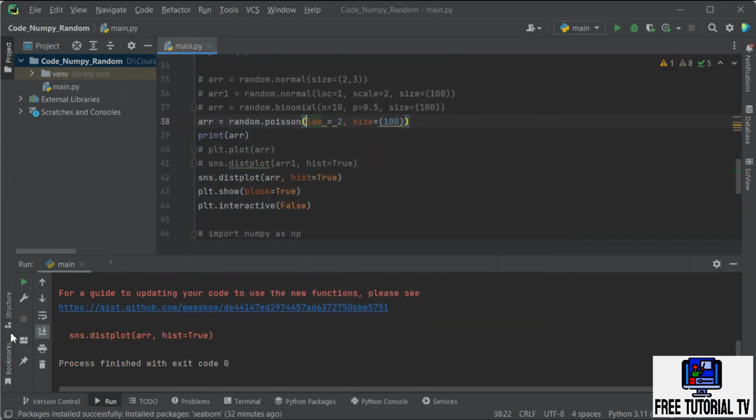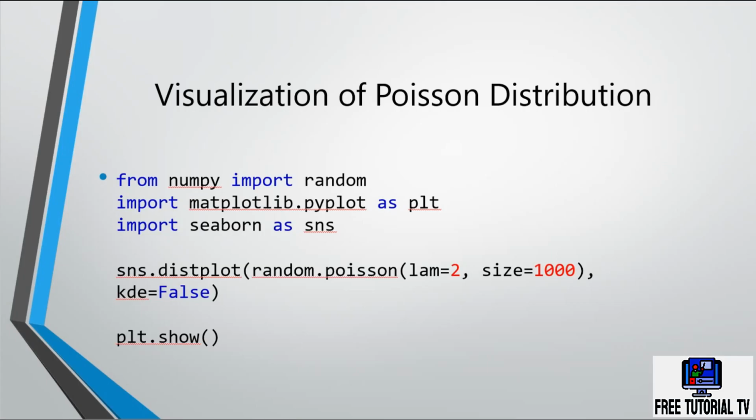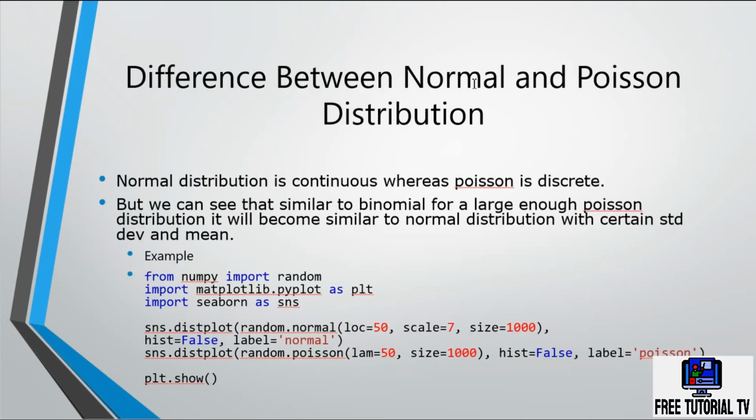Now let's see the next example, the difference between a normal distribution and a Poisson distribution. Here you can have a normal distribution of the same size, and the lam and the loc are kept the same, but scale is not given.